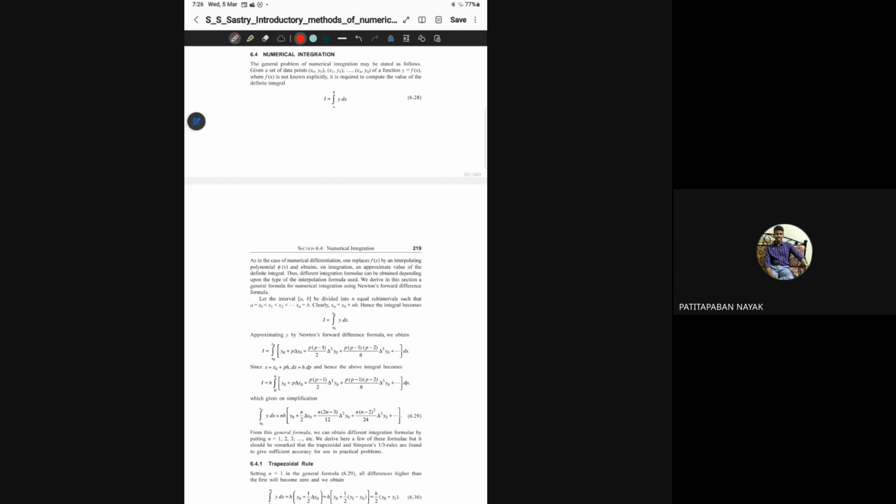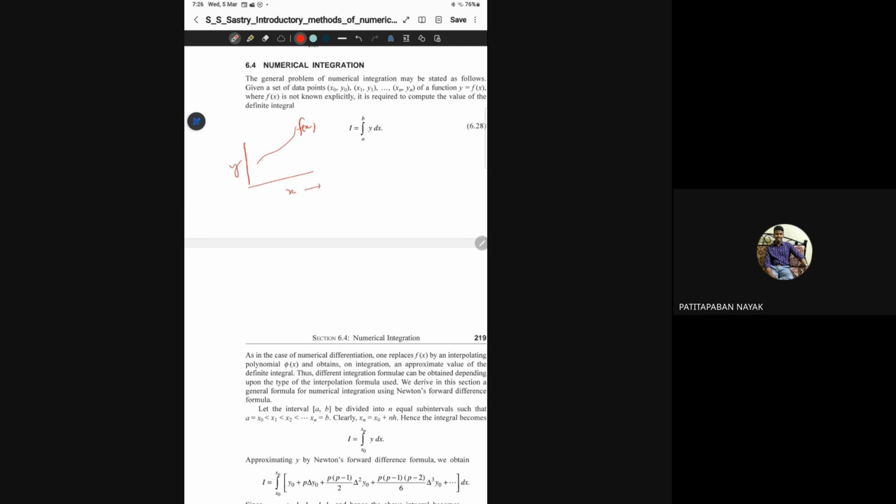So let me try to draw over here. Let's say I have a curve like this. This is y, this is x, and this is f of x.